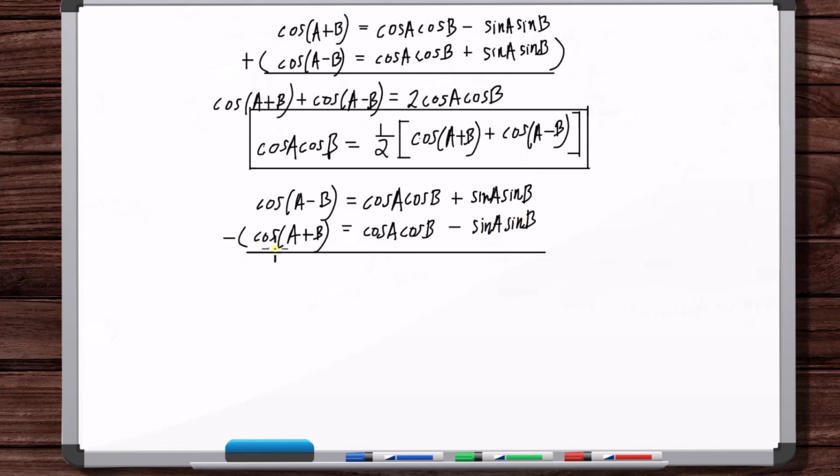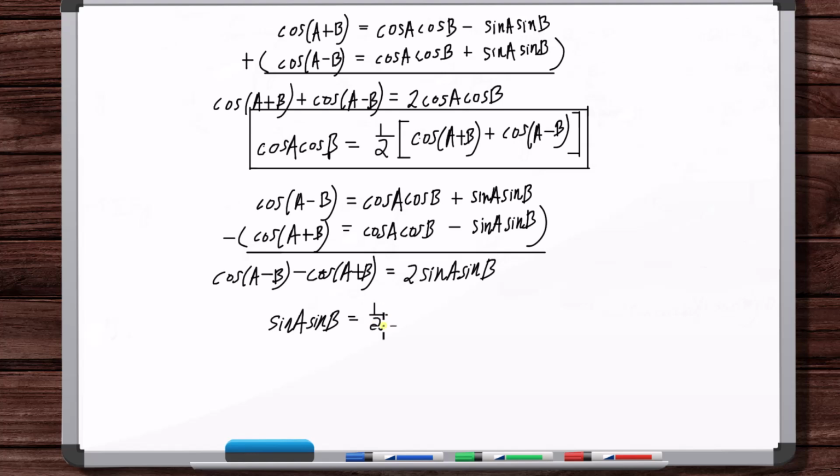Subtracting these two, you've got cosine A minus B minus cosine A plus B. Now these subtract out, and flipping the sides and dividing both sides by 2, you've got sine of A sine of B is equal to 1/2 cosine A minus B minus cosine A plus B. And there we go.